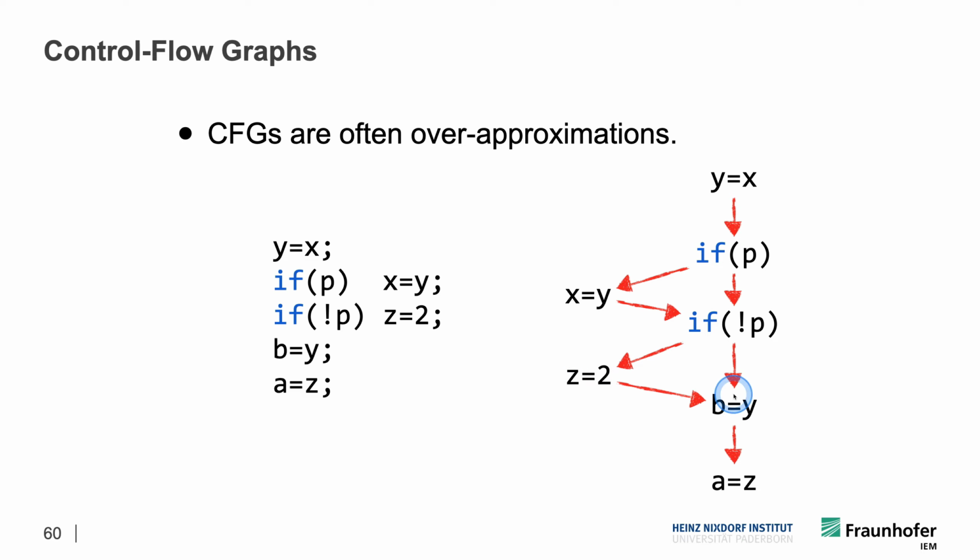But if you now look at the program, you will see that actually both branches are mutually exclusive. Assuming a fixed value for P, which is a sensible assumption, you cannot execute both along here and along there, for instance. That's just impossible. But in a regular control flow graph for a typical data flow analysis in the style that we will talk about in this course, we assume that these cases are possible nonetheless.